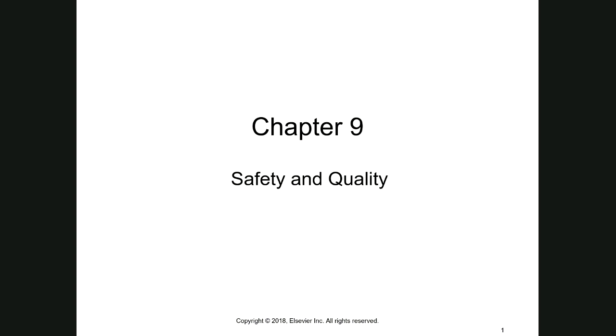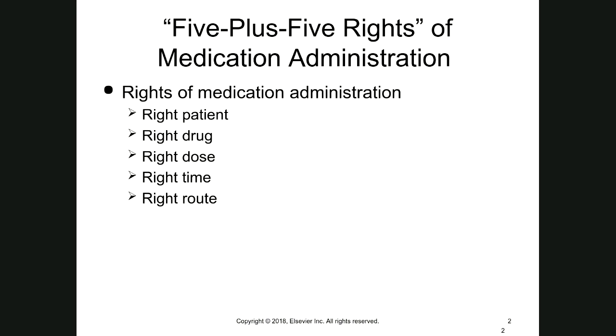Of course, we've heard this before, the 5+5 rights of administration of medication. We have the rights of medication administration: right patient, right drug, right dose, right time, right route.